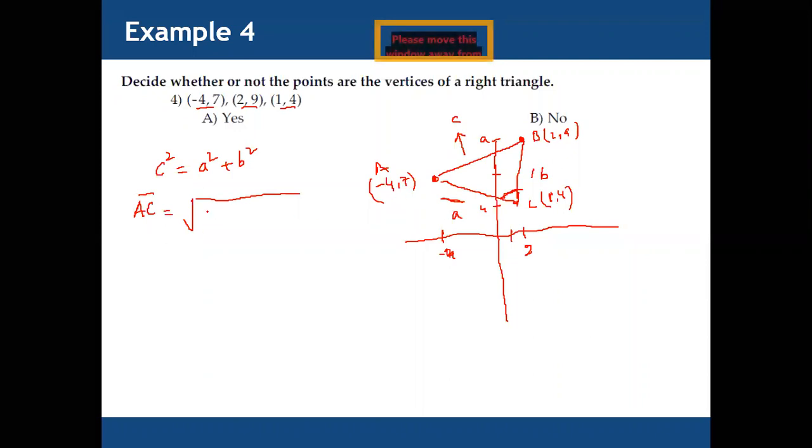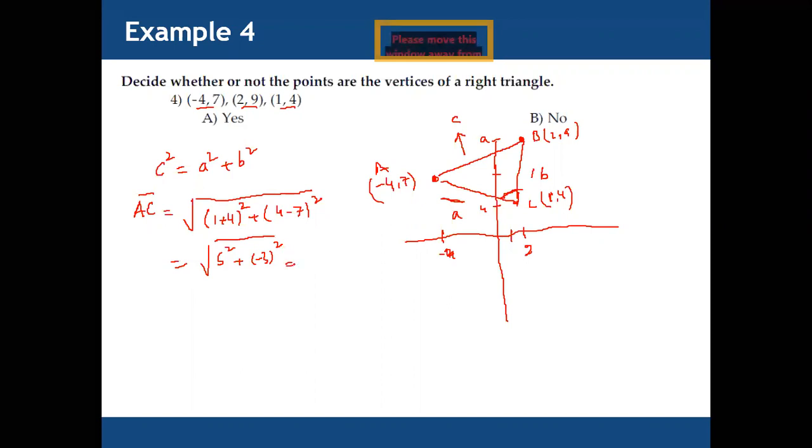So with the help of the formula, 1 plus 4, because minus minus becomes plus, square, plus, next one, 4 minus 7 whole square. So equal to what? 5 square plus, 4 minus 7 is minus 3, so minus 3 whole square.